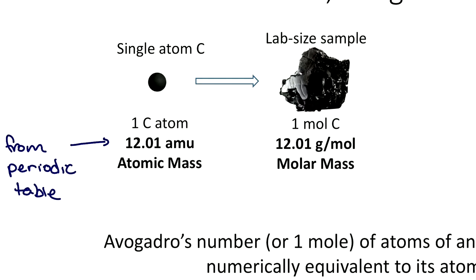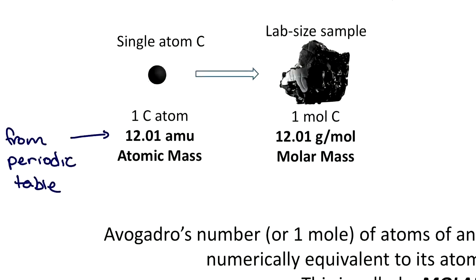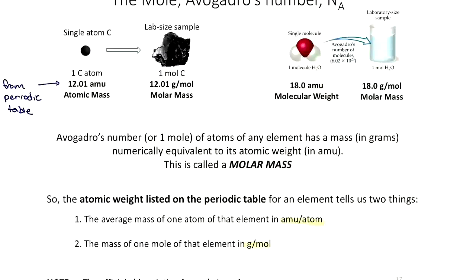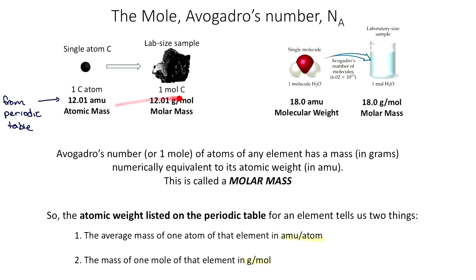And so that's the significance of a mole: when we talk about a single atom, we can use the periodic table in the unit of AMU. When we talk about a mole's worth of stuff, it's the same value, but in the unit of grams. Because scientists are lazy. We don't want two different periodic tables. We want to use the same one. And so it works for single atoms.